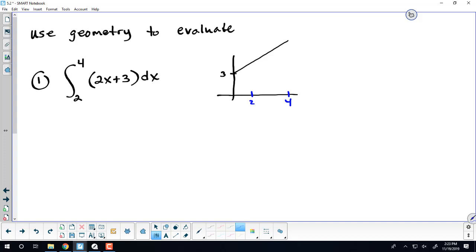So then what we're saying is, from this x value of 2 to the x value of 4, what's the area bound by the line x equals 2, x equals 4, and the x-axis? So that's a figure we can just geometrically determine the area of.